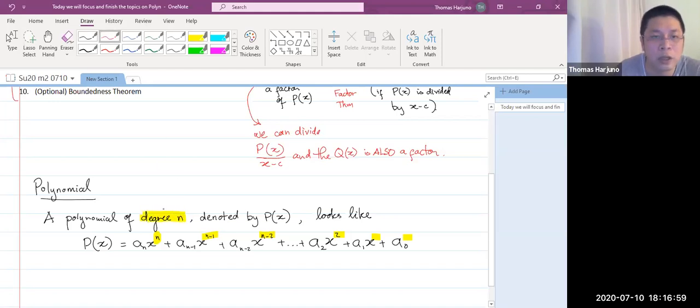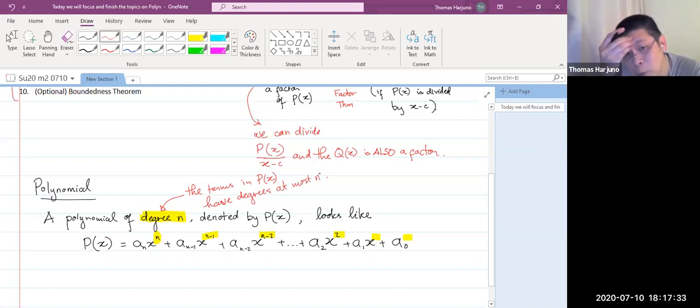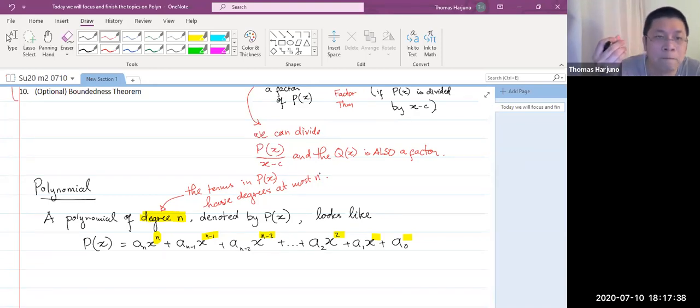When we say the polynomial is degree n, it means that to be more precise, the highest degree of the terms in p(x) is n. That's actually a more precise way.